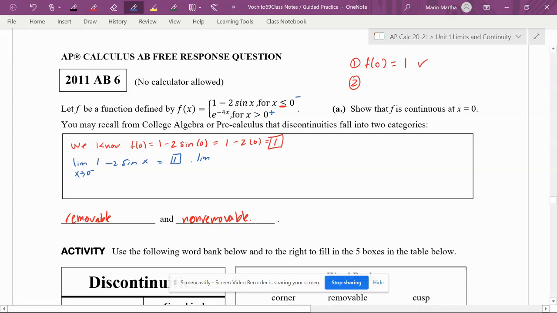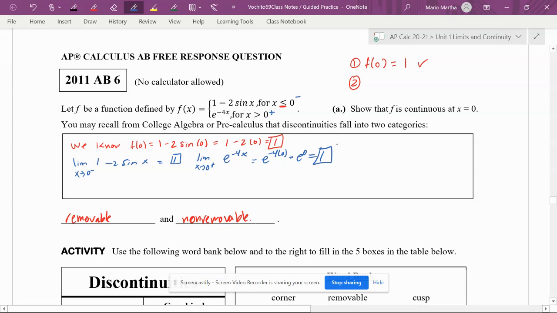Then the second one, the limit as x approaches 0 from the right side of e to the negative 4x. We do direct substitution and get e to the negative 4 times 0, which is e to the 0, which is just equal to 1.